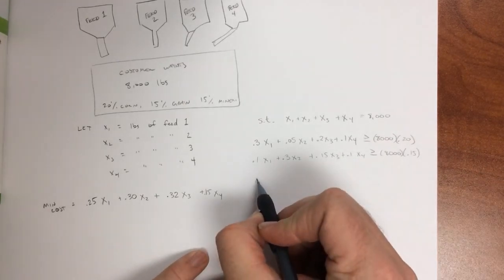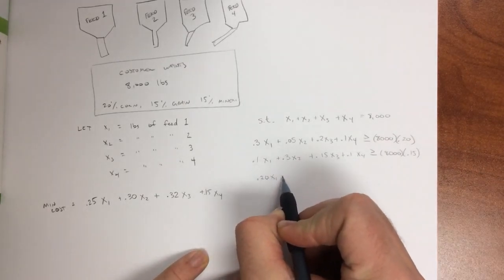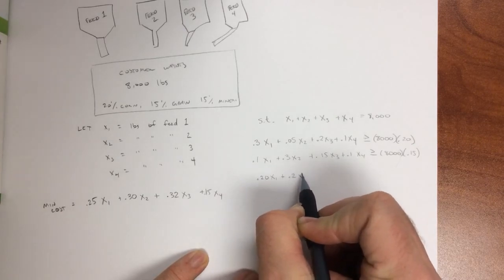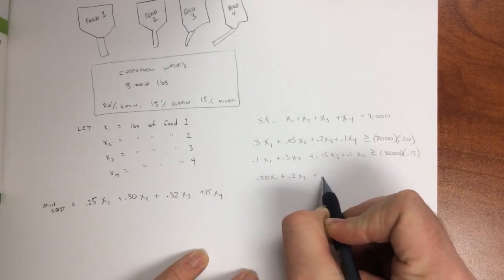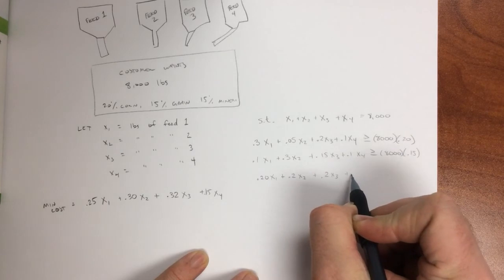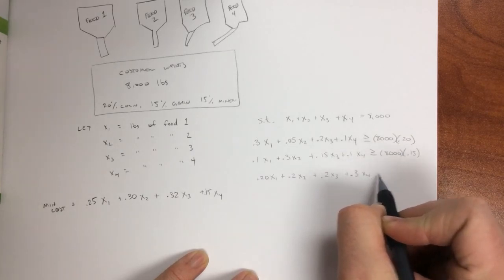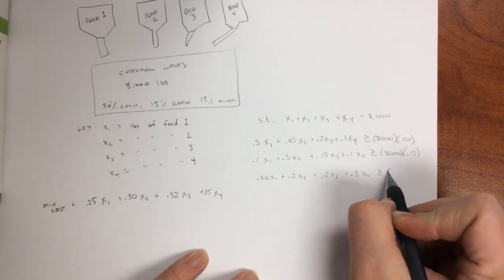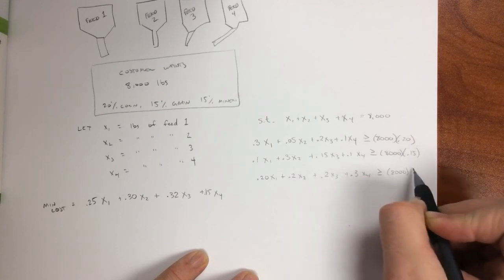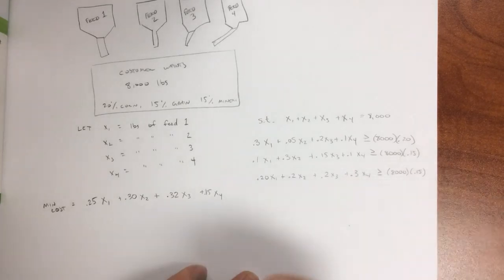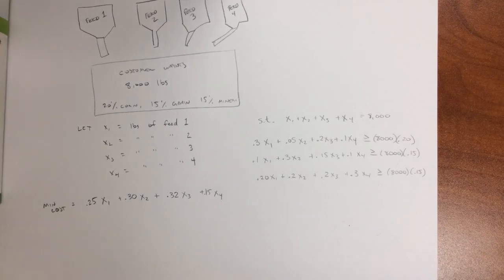And lastly, we're going to have 0.20 X1 plus 0.2 X2 plus 0.2 X3 plus 0.3 X4 has to be at least 15% of 8,000. And there we have our linear program. And now we just got to turn to Excel and see how we insert that in. And now it's going to definitely be a sunny day.